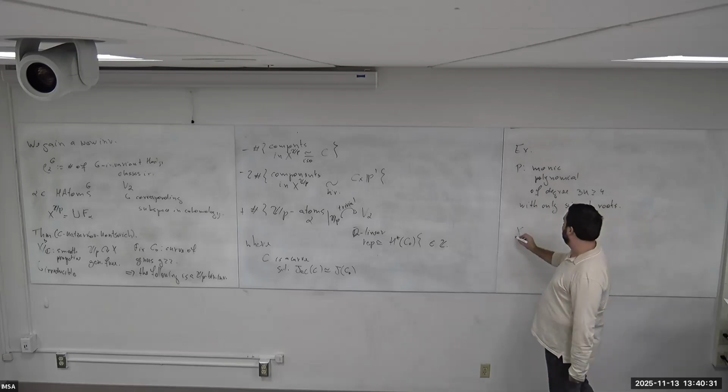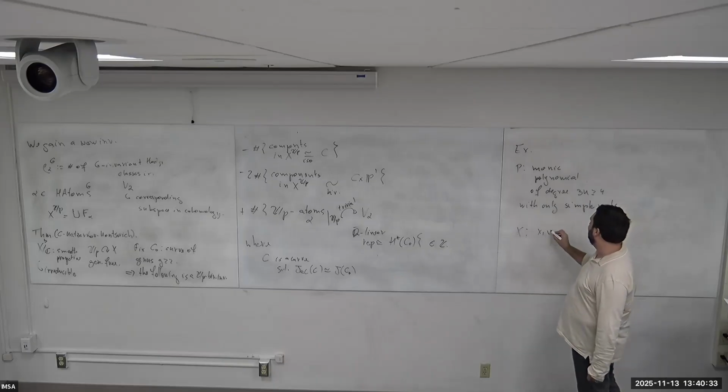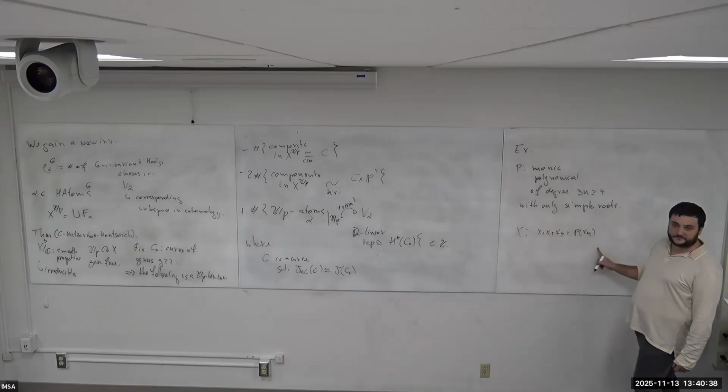Then you look at this variety given by this equation: x1, x2, x3 equals P of x4.